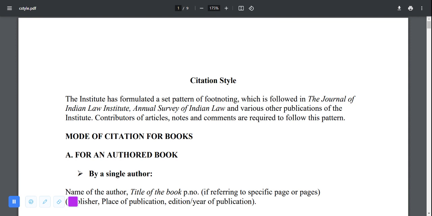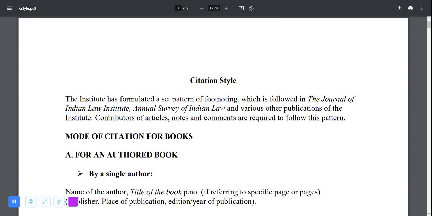Doctrine of Article 14 is okay. Let me go through them. So the next doctrine of, so this is one of the articles that is published. These are marked by the moderator.